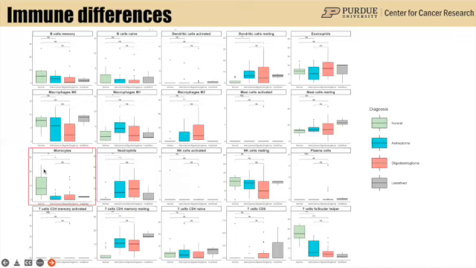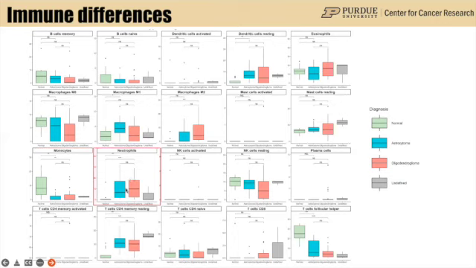Here again, you can see this is the difference we saw earlier in monocytes. There are higher numbers of monocytes in normal samples compared to either astrocytoma or oligodendroglioma, but no difference between astrocytoma and oligodendrogliomas.